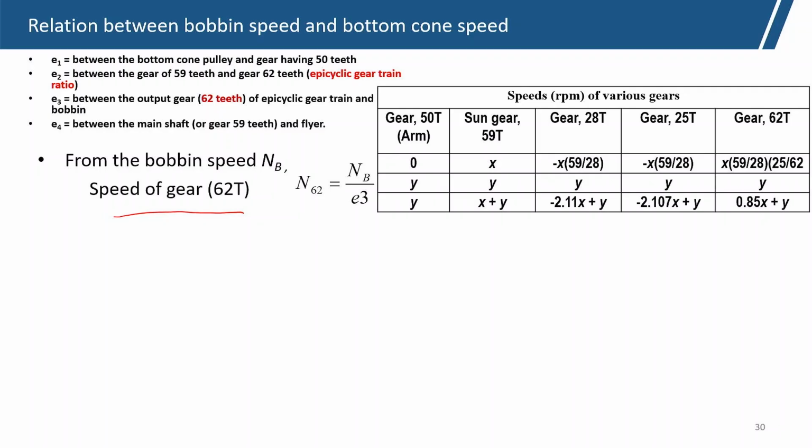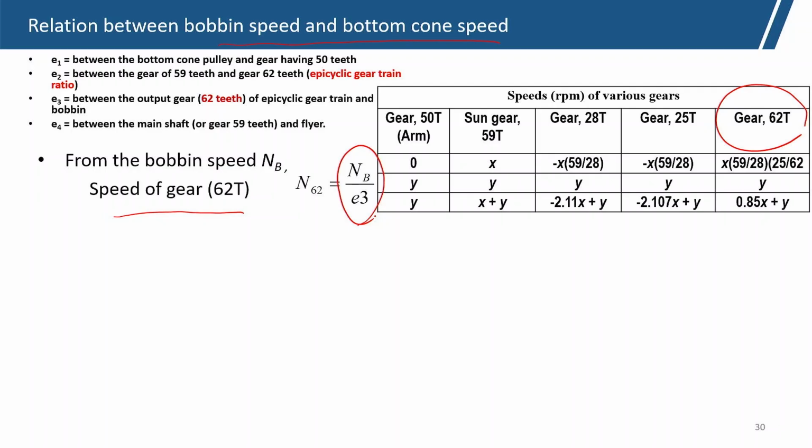If we go back to the output of the epicyclic gear, that is the 62 teeth gear, its RPM at a particular instant will be NB by E3.